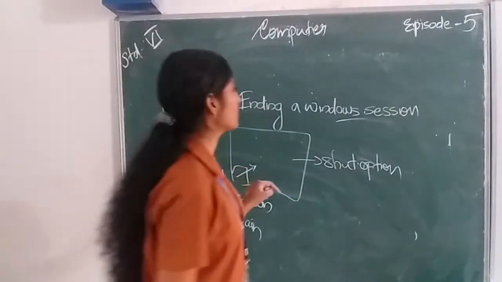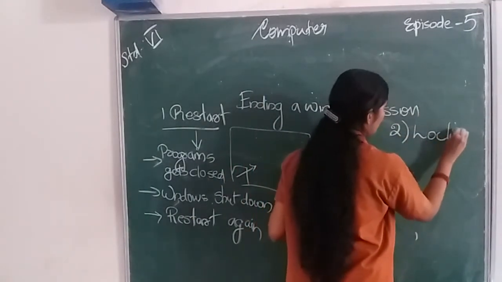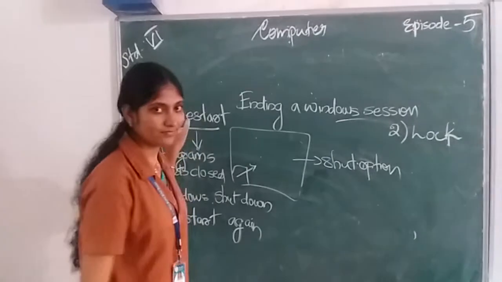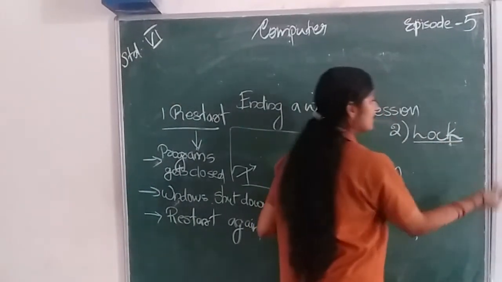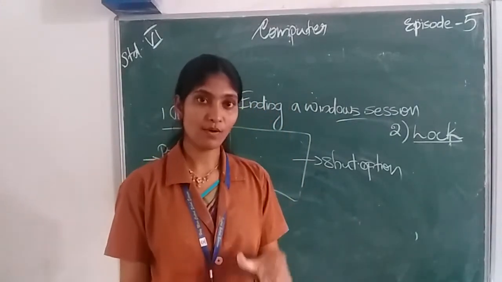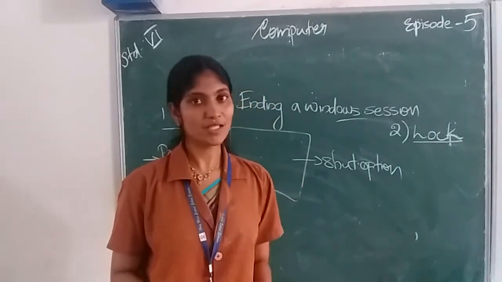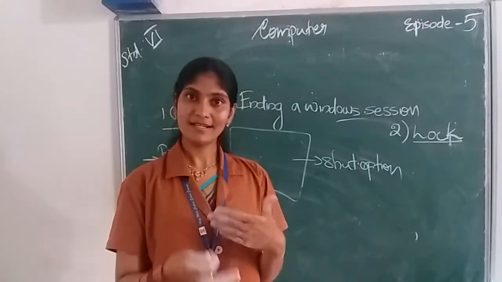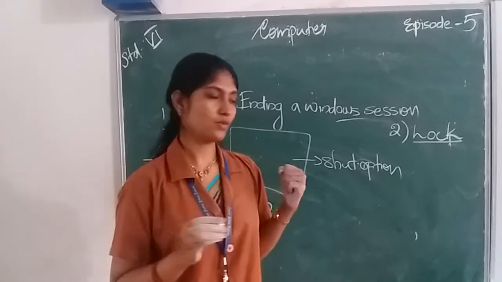The next one is lock: leave all the programs as they are, and it displays the welcome screen or desktop screen. If you want to open it, just click on any user icon.